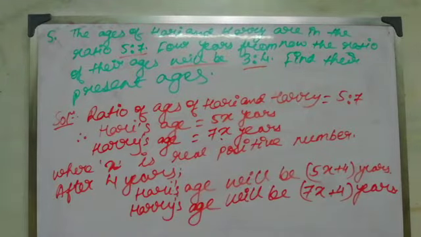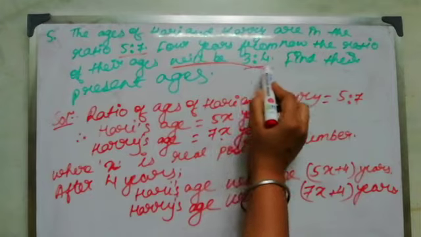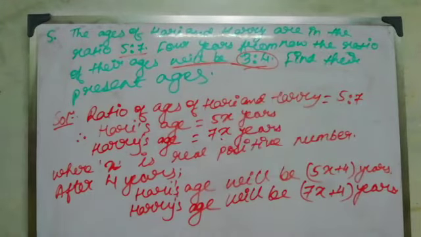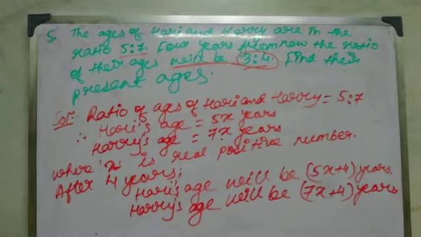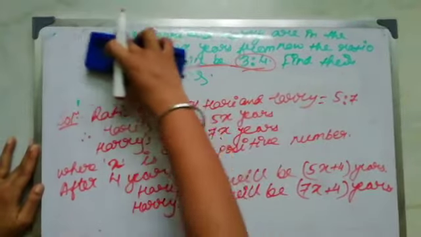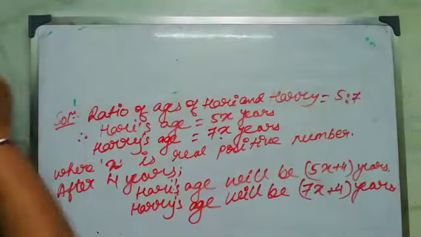Now see, they are telling that after 4 years the ratio of their ages will be 3:4. Let's see, so what can I write? It's a very little space, so I'll rub my question. 3:4, students, just remember this.